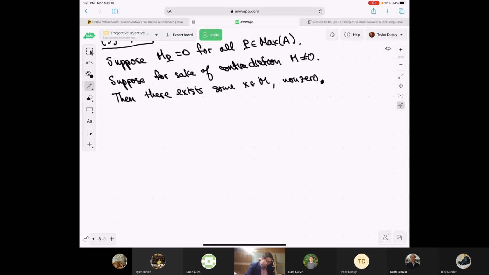We're just going to take that, and we're going to look at its annihilator. So we're going to have that 1 is not an element of the annihilator, since x is not 0.